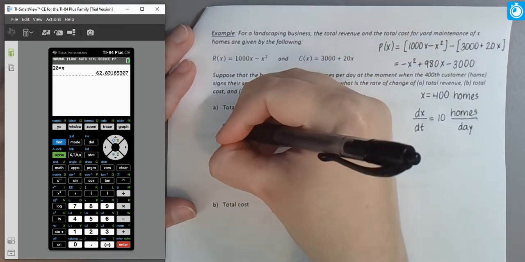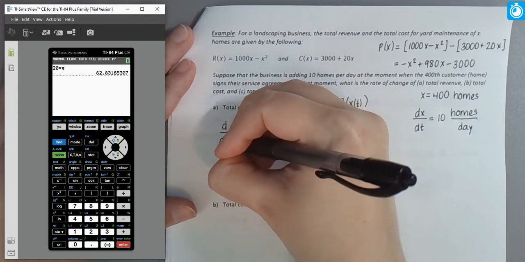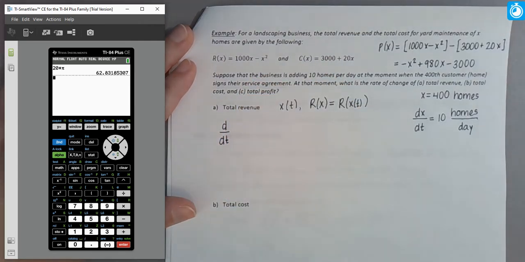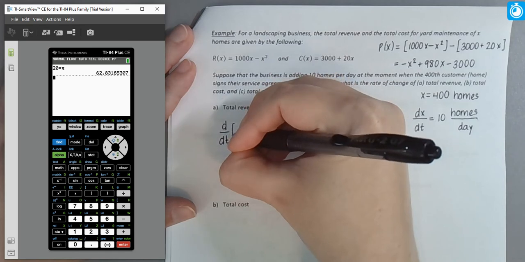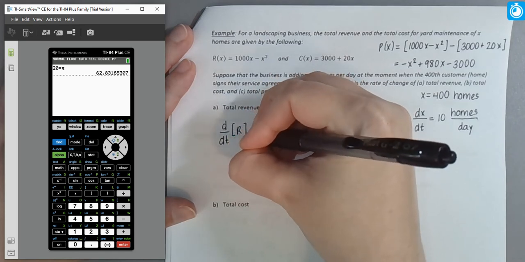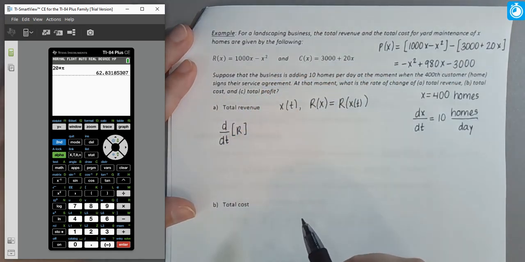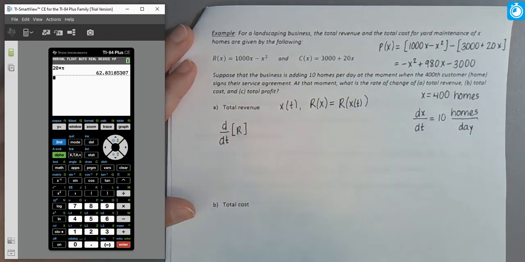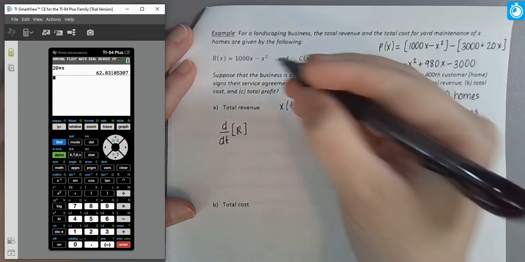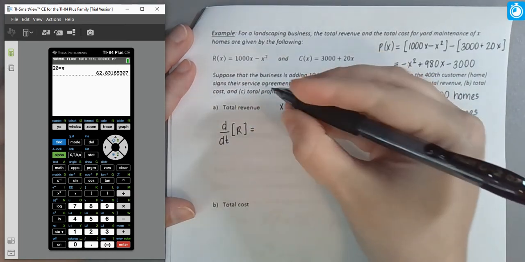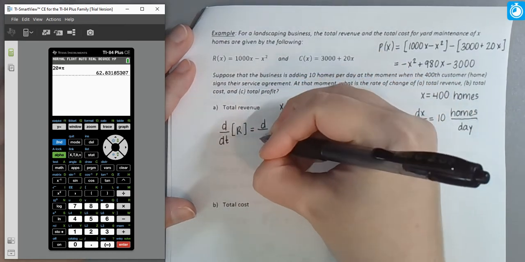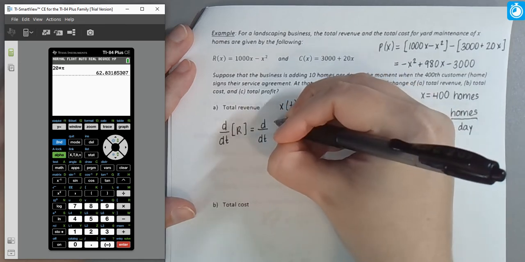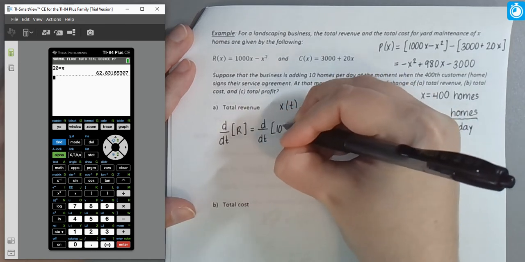So we want to take the derivative with respect to time of our revenue function. And I'm just going to call it R. We want to know how is total revenue changing? What's the change in revenue with respect to time under these conditions? So if I differentiate R, I'm also going to differentiate what it's equal to with respect to that same variable, time.